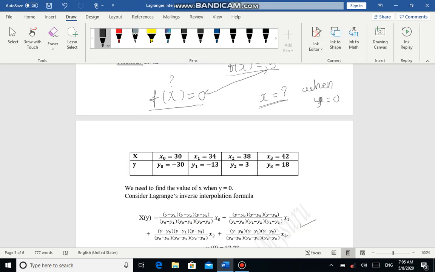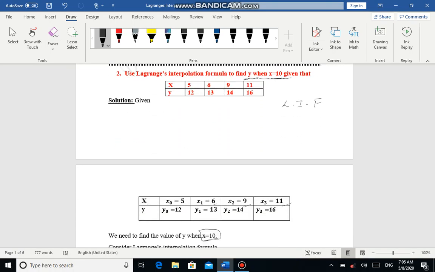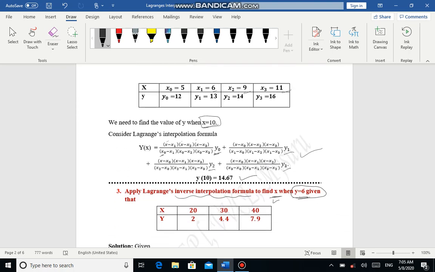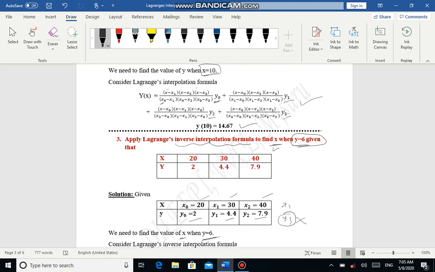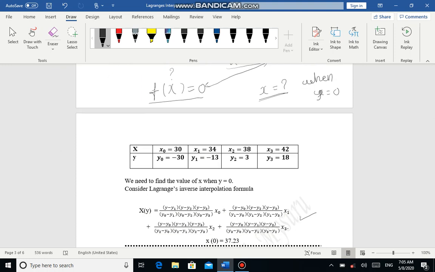So compare these two problems, the previous one and this one. In the previous problem we were given only 3 values of x and y, x0, x1, x2. But here x0, x1, x2, x3, 4 values. So observe the problem. In this problem, the formula we are using has y minus y1, y minus y2 into y minus y3, because y3 is given here. Similarly, in the denominator, replace y by y0: y0 minus y1, y0 minus y2, y0 minus y3, plus the next term into x0.